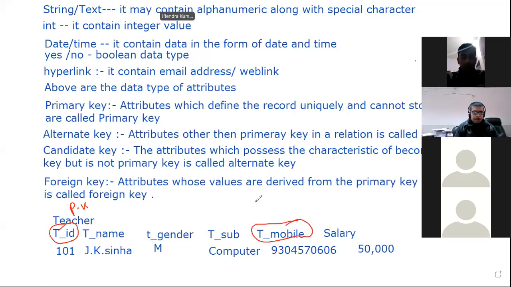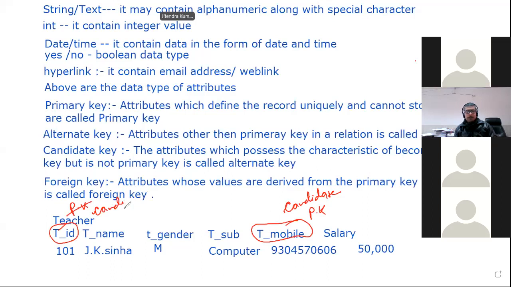If this is the primary key, the others will be candidate keys. I hope you got it.